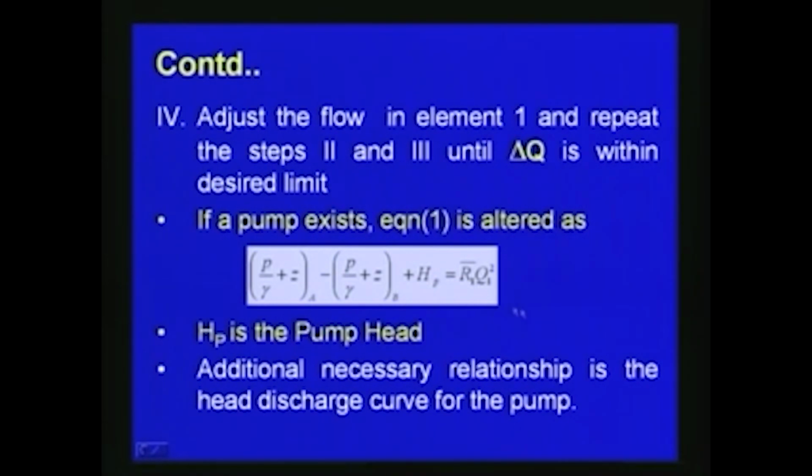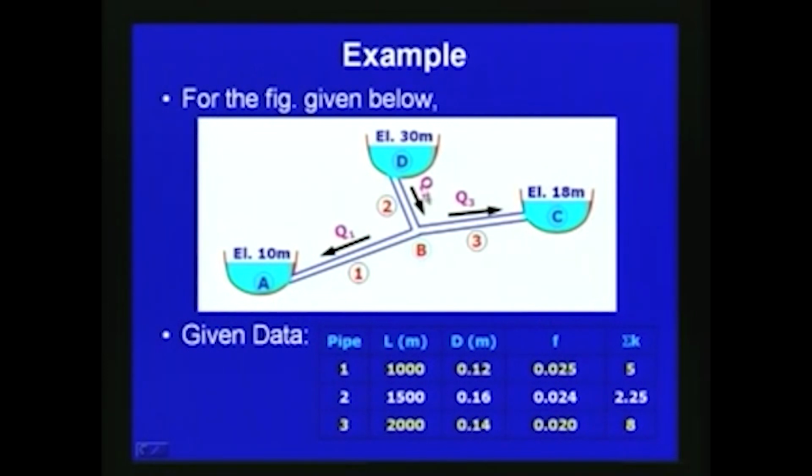So, now we have seen a branching pipe system, a typical system with 3 reservoirs, 3 pipes and a junction. What we generally do is write the energy equations between various points, and also use the continuity balance equation at the junction, and then we solve for the unknowns.